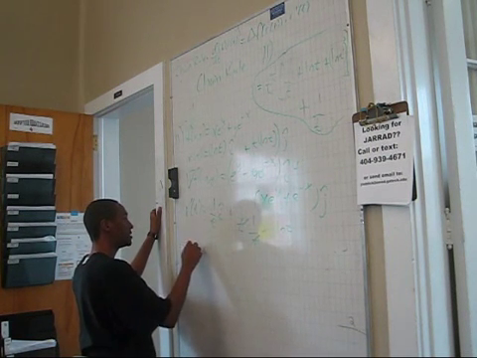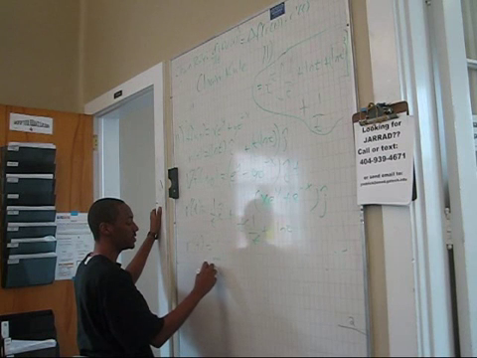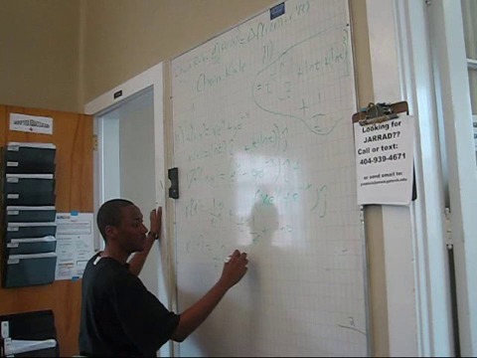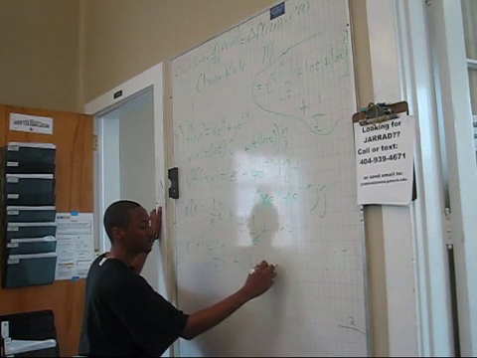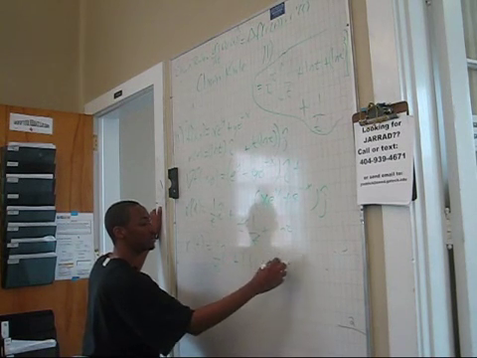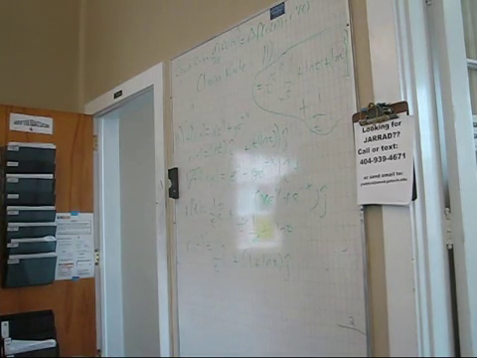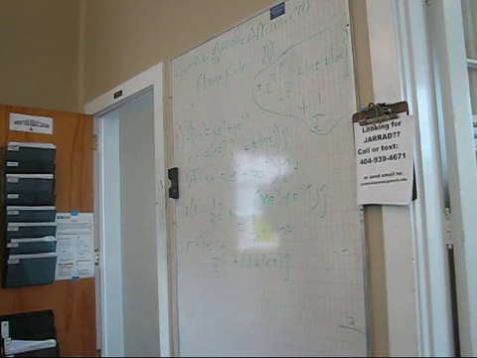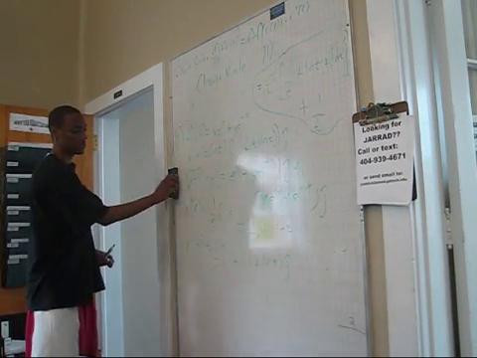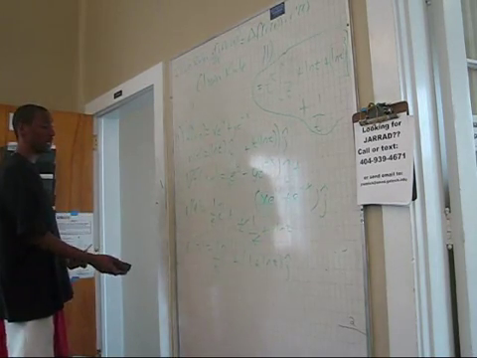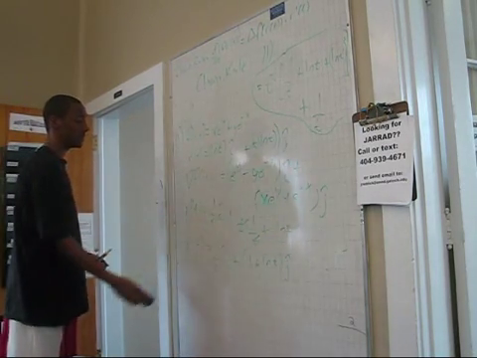So r prime of t equals 1 over t i plus 1 plus natural log of t j. Now we know r prime of t and the gradient of f of x, y.